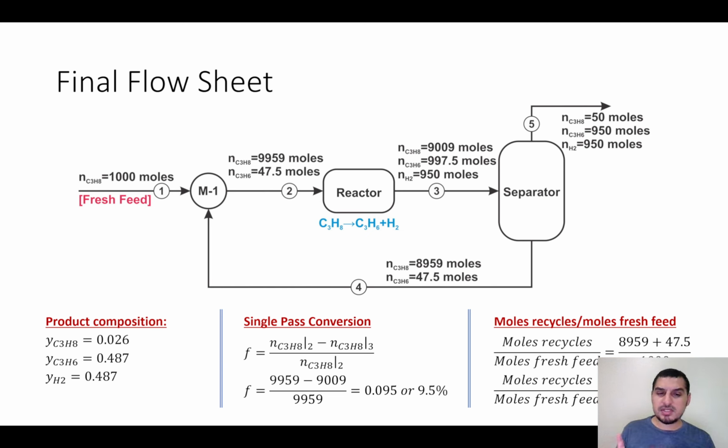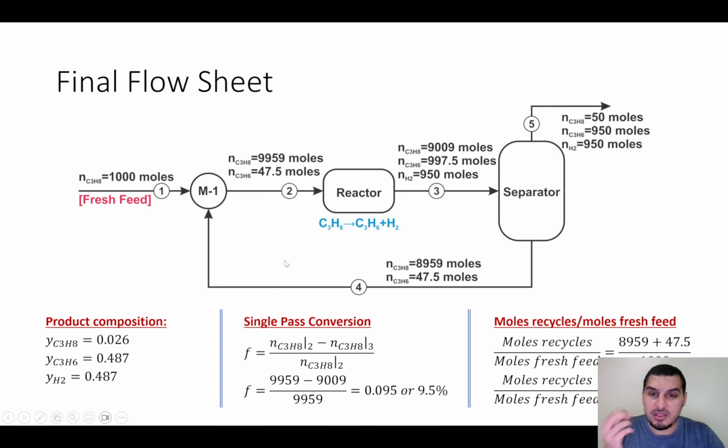The second important thing is how many moles are recycled per mole of the fresh feed. This requirement is not just to calculate any random thing. It means a lot when you look at the numbers. So the flow rate of this stream is almost 9,000 moles, while the flow rate of this stream is 1,000 moles. So this is 9 times.